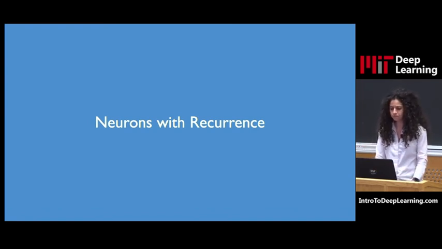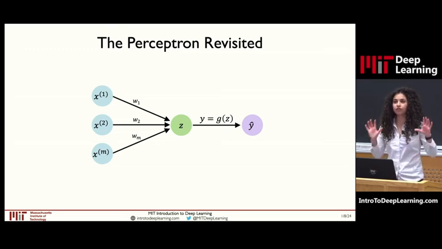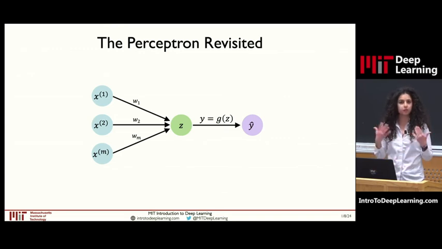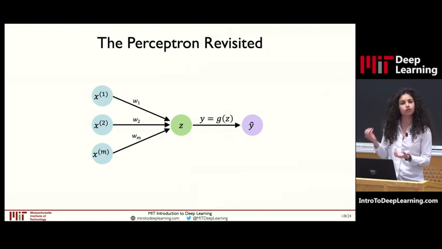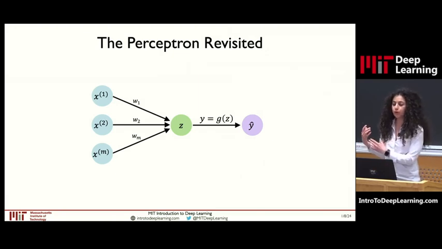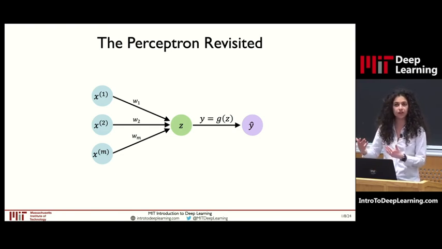Okay, so this is the exact same diagram that Alexander just showed. The perceptron. We defined it where we have a set of inputs, x1 through xm, and our perceptron neuron, our single neuron, is operating on those to produce an output by taking its weight matrix, doing this linear combination, applying a nonlinear activation function, and then generating the output.